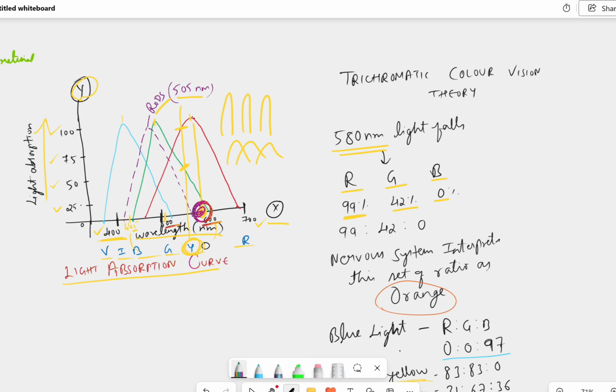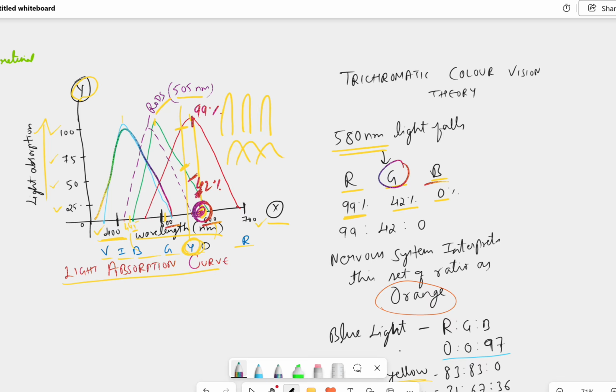At this point there is 99% stimulation of red cones, somewhere here on the graph 42% stimulation of green cones, and the blue curve is outside, so blue is not at all stimulated.